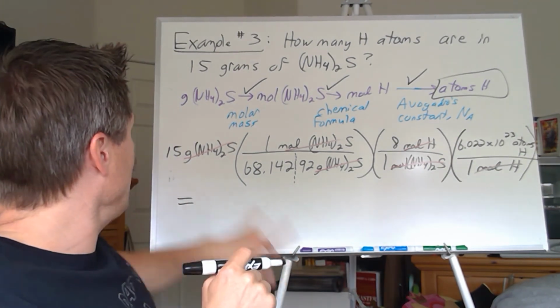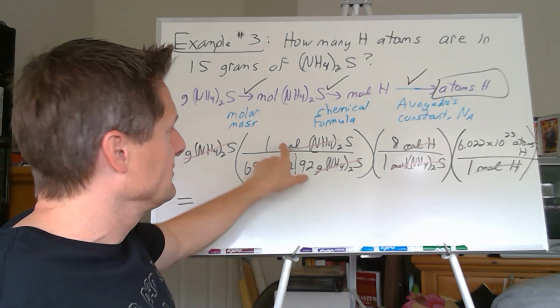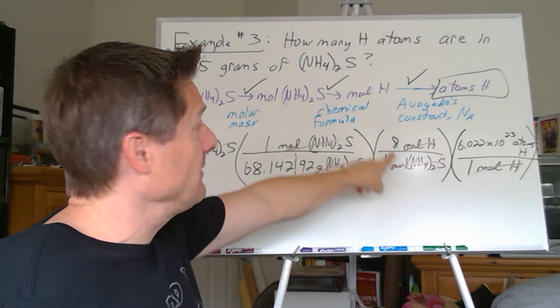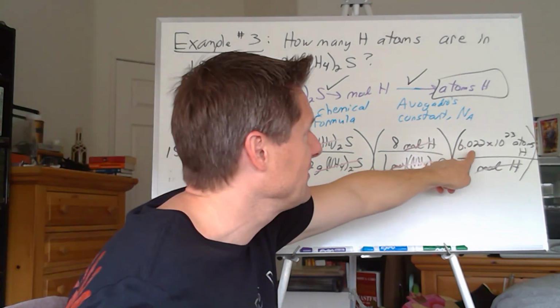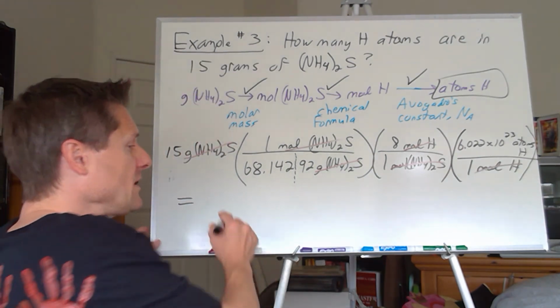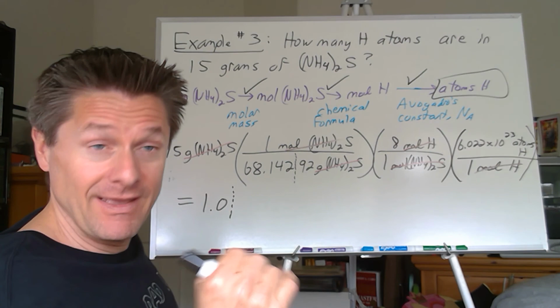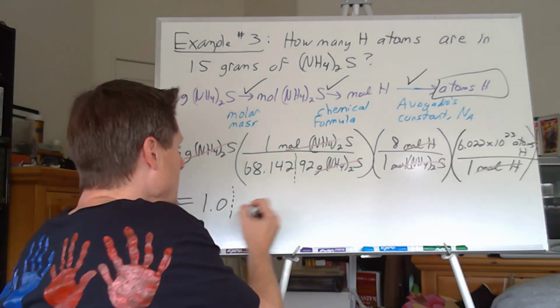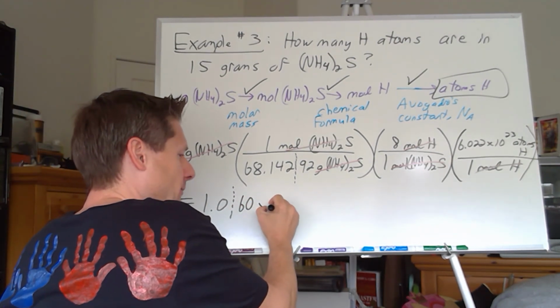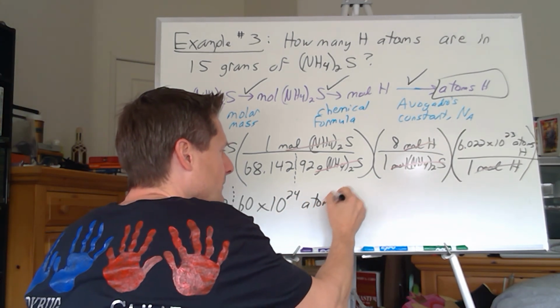So if you punch this out, take 15 divided by 68.14292 times 1. You don't have to do that one. Times 8 divided by 1. Do that in your head. Times 6.022 times 10 to the 23rd divided by 1. Right? So I get 1.0 | because of the 2 sig figs from the mass I originally did. 1.060 times 10 to the 24th atoms of hydrogen.